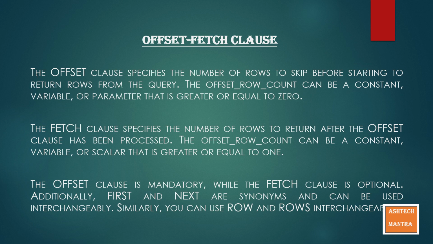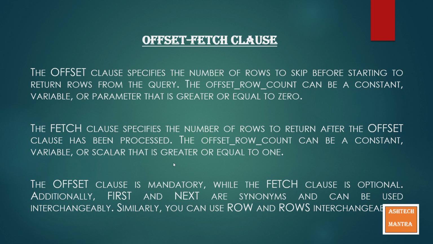Now I am using the FETCH keyword so that I can explain what is the use of the FETCH NEXT keyword. I am writing here again OFFSET 10 ROWS. So you can see the result set, and the total number of rows it is returning is 13,004 rows.